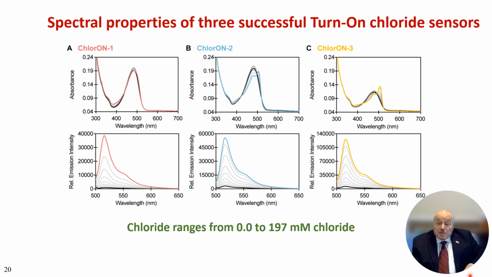And the results, I thought, were pretty remarkable. I saw no reason to separate these, but they came up with at least three of these GFP-type proteins that displayed enhanced fluorescence in the presence of chloride. So this was wonderful. First time it's been done.